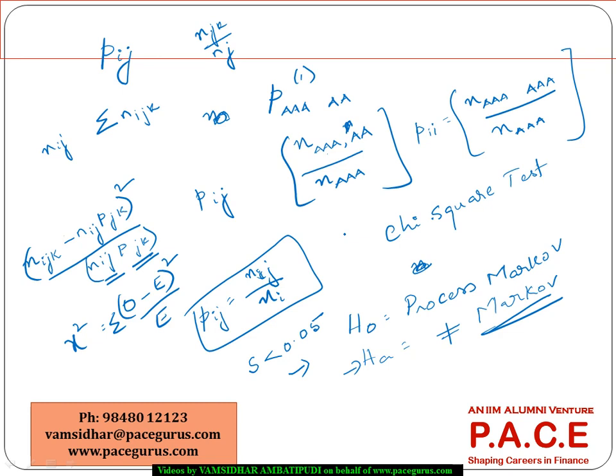We can test whether the chain is irreducible or aperiodic, and whether it will conform to the long run stationary distribution or not.